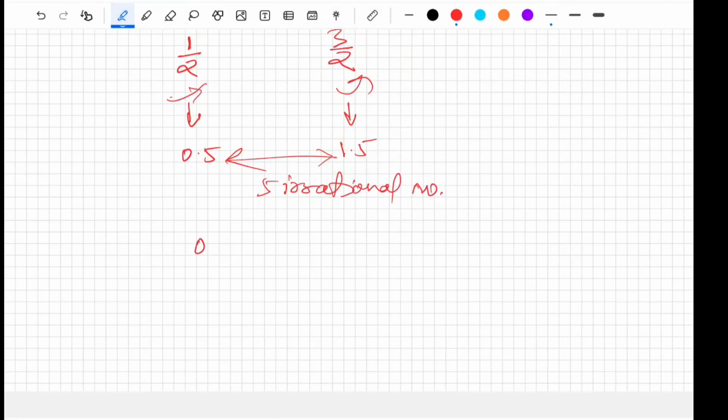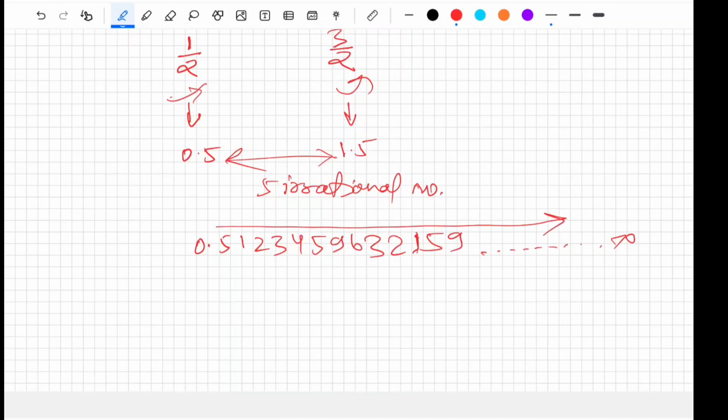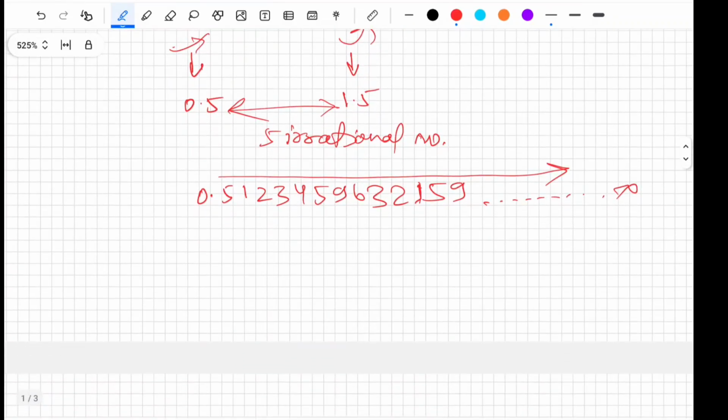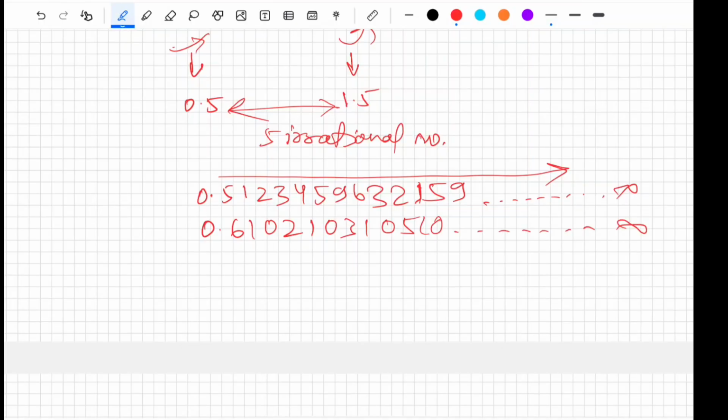So let's take 0.5 and 1 2 3 4 5 9 6 3 2 5 9 6 1 5 9. Any number you can take which is non-repeating and non-terminating will be considered an irrational number. You can take 0.610, 210, 310, 510, any number which is non-terminating and non-repeating.